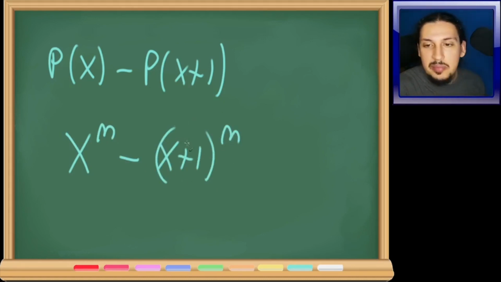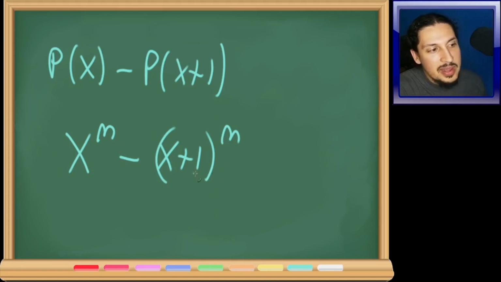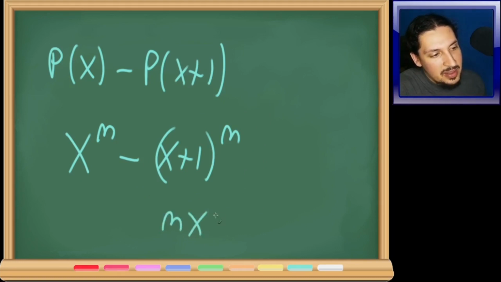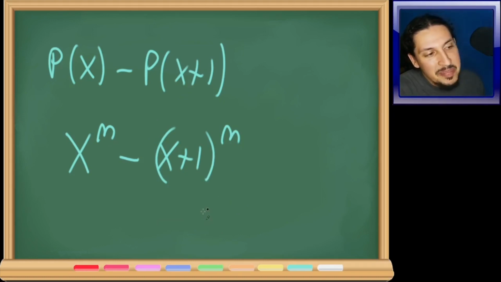By Newton's binomial theorem, the leading term x to the n cancels, and only the next one remains, which is very similar to the proof that the derivative is n x to the n minus 1. It's the same idea.